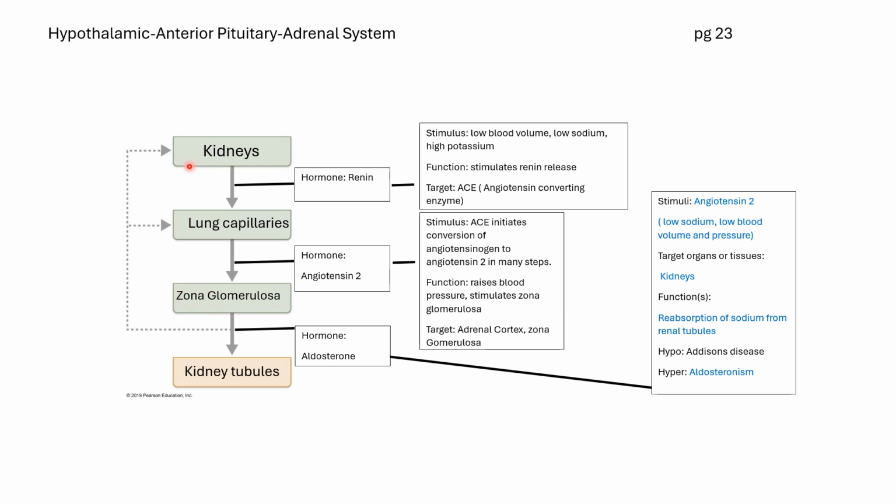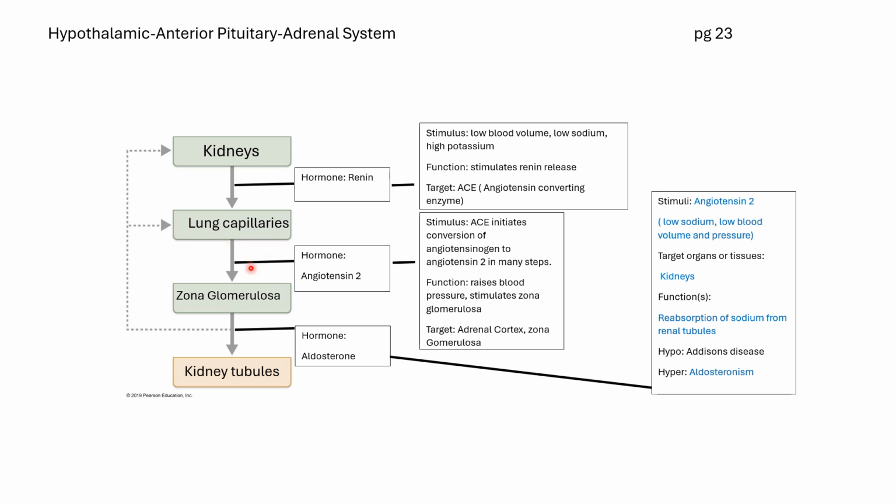Under normal conditions, zona glomerulosa responds to a system known as the renin angiotensin aldosterone system. There is a hormone renin which is secreted by the kidneys, and that hormone converts angiotensinogen, which is present in the blood, in lung capillaries.